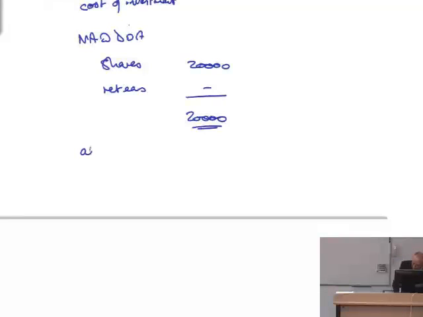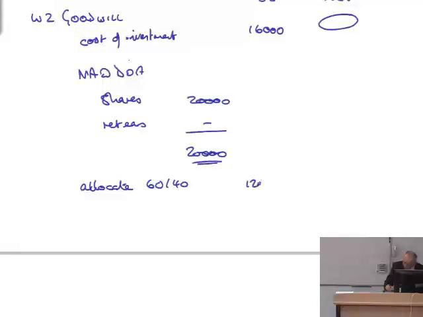And if I allocate on the basis of 60-40, then 60% of that 20,000 is mine, and 40% of it is 8,000, and that belongs to the NCI. Don't write this down.